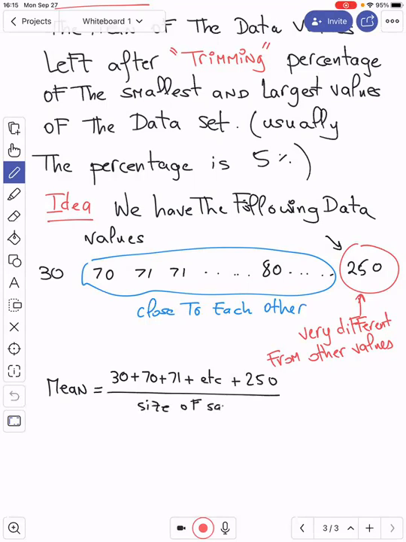This number is not a good representative of the data set, because of this 250, which is very different from the other numbers.